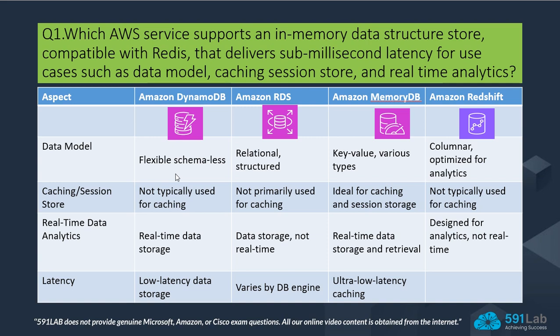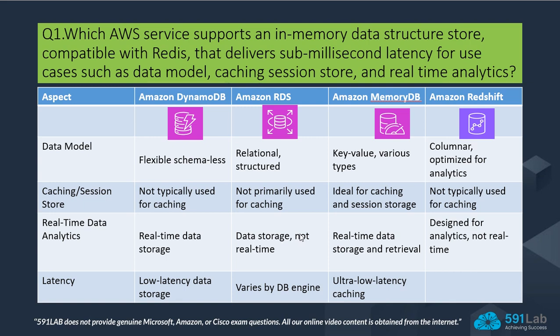So it's basically a NoSQL database. Let's move forward with Amazon RDS. It's a relational structured database. It's not primarily used for caching. The data storage is not in real time and varies by DB engine, like SQL and PostgreSQL.